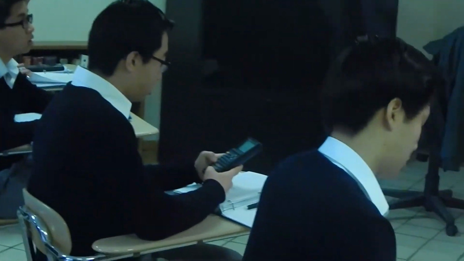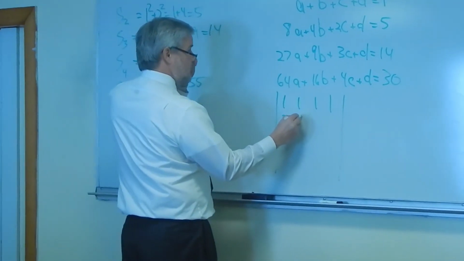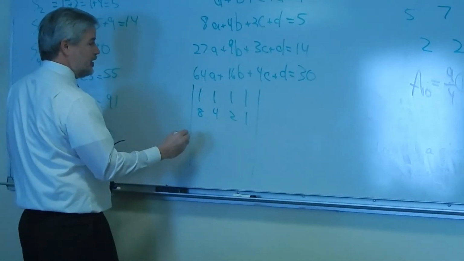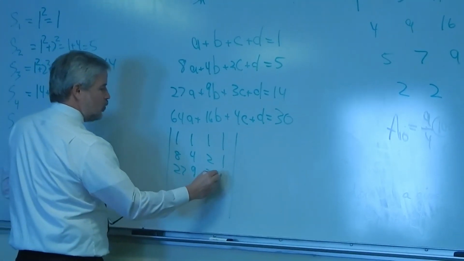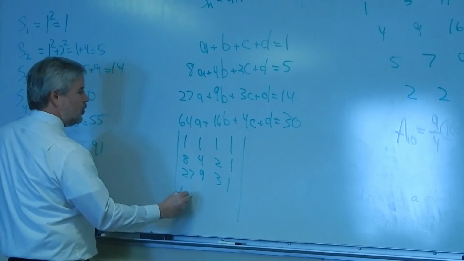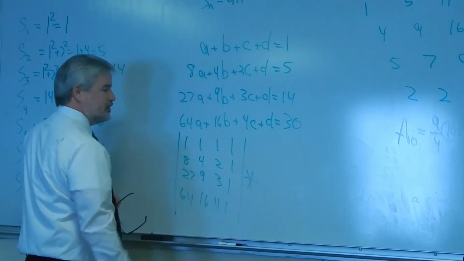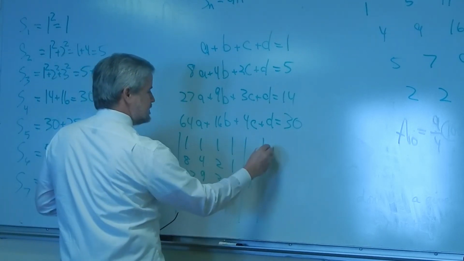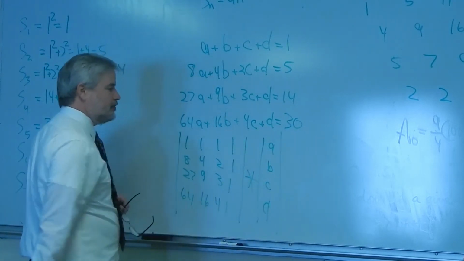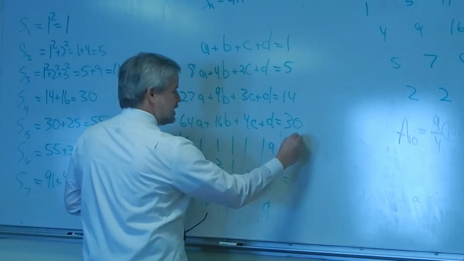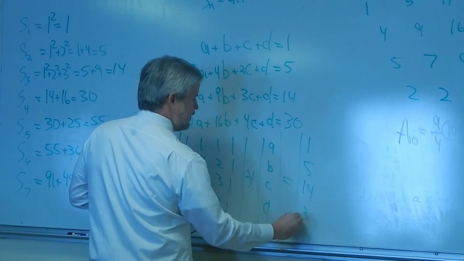So this is going to be 1, 1, 1, 1, 8, 4, 2, 1, 27, 9, 3, 1, 64, 16, 4, 1. Your variable matrix in this case is A, B, C, D, and your solution matrix is 1, 5, 14, and 30.